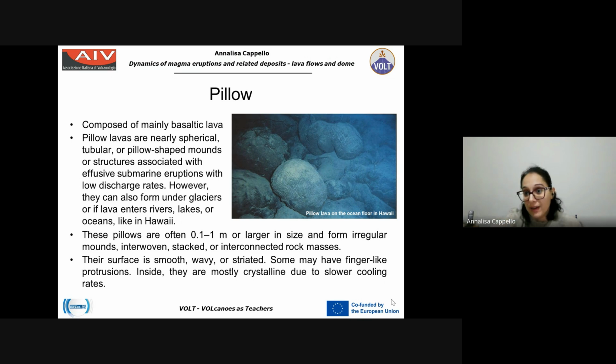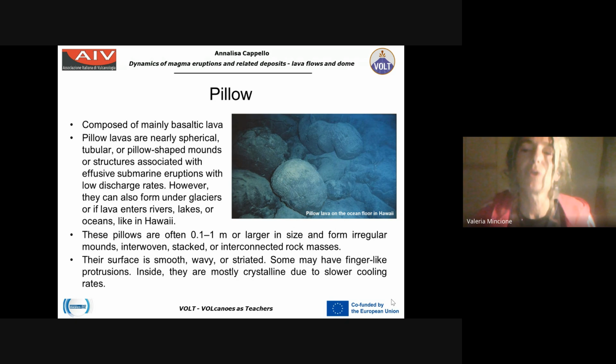I don't know what volcano you are referring to. Are you talking about subaerial eruptions, with lava flows that reach the sea and go through the sea, or are you referring to submarine eruptions, so eruptions that occur from a volcano under the sea? Okay, I understood.